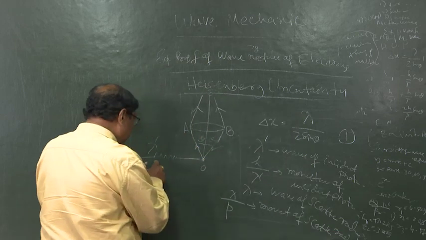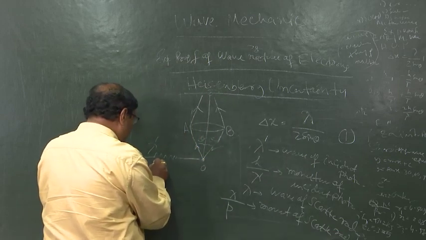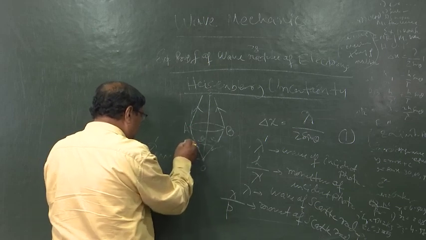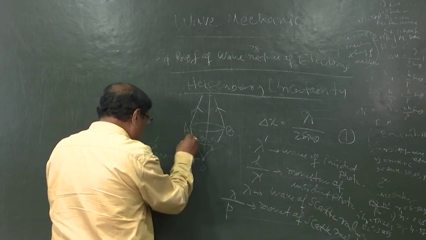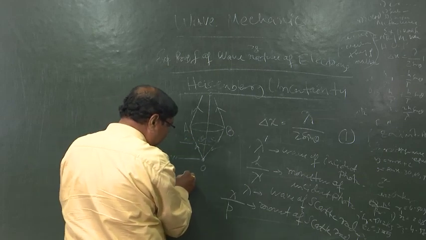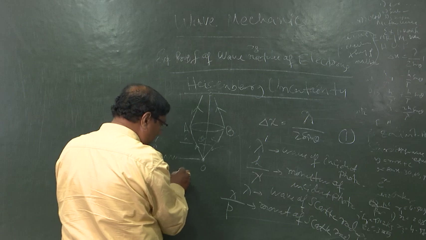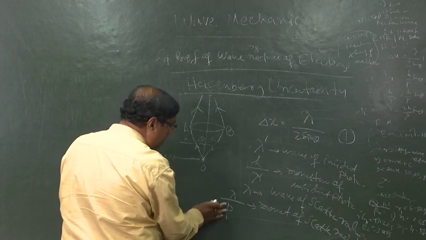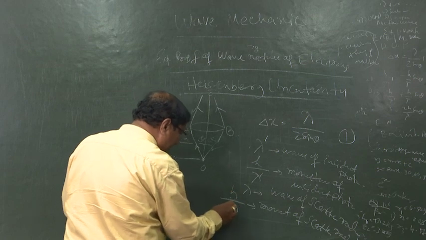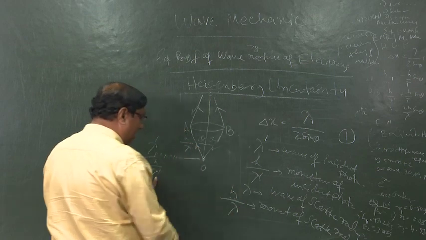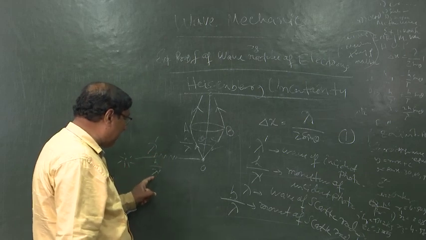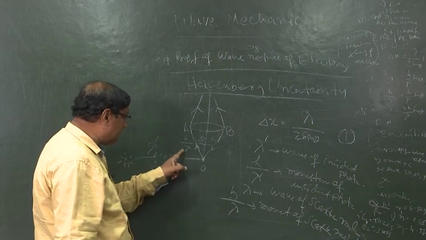That means the momentum of the incident photon is h by lambda dash, and the momentum of the scattered photon is h by lambda.